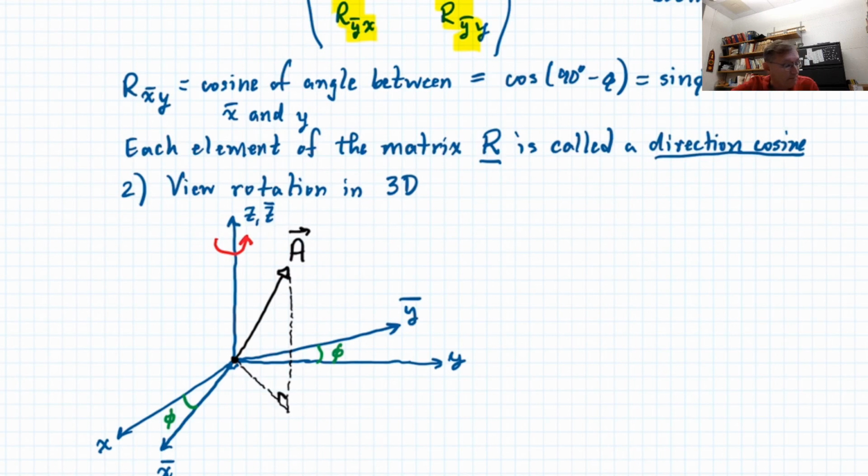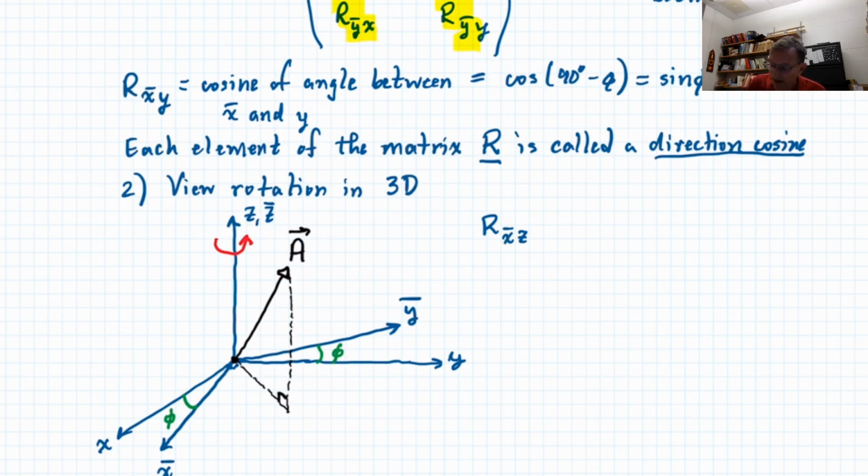All right, let's do that. Now, r x bar x, x bar y, y bar x, and y bar y are exactly the same as what I just did up above. Those are not changed at all. I'm not going to do them again. But the new direction cosines I have to deal with are ones such as r x bar z. Let's think about that one.